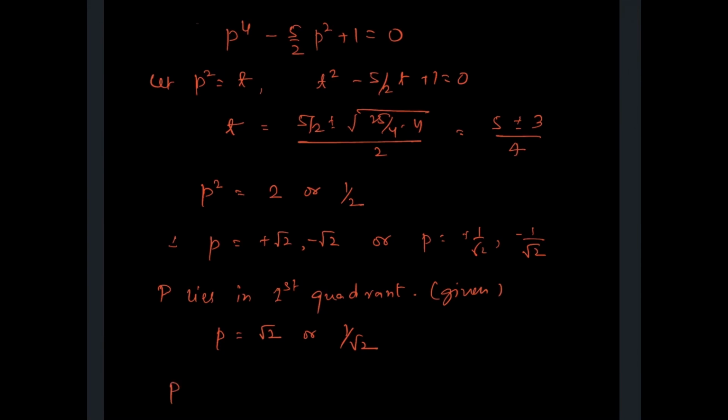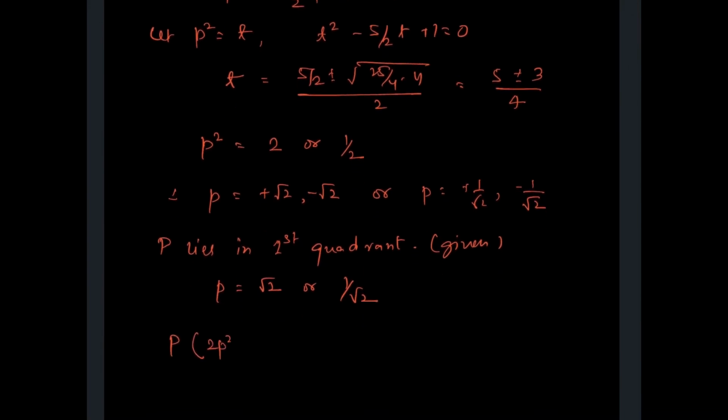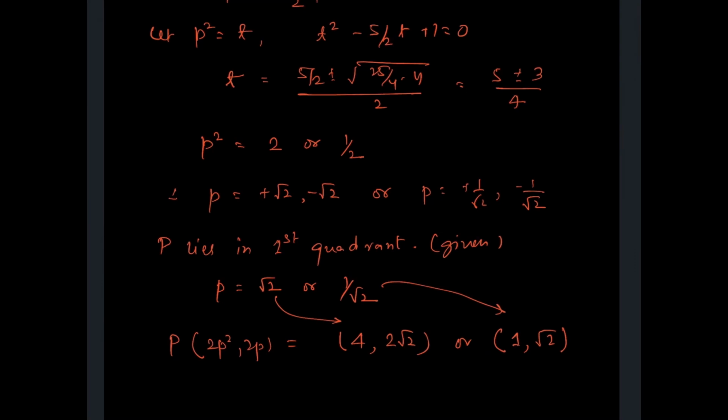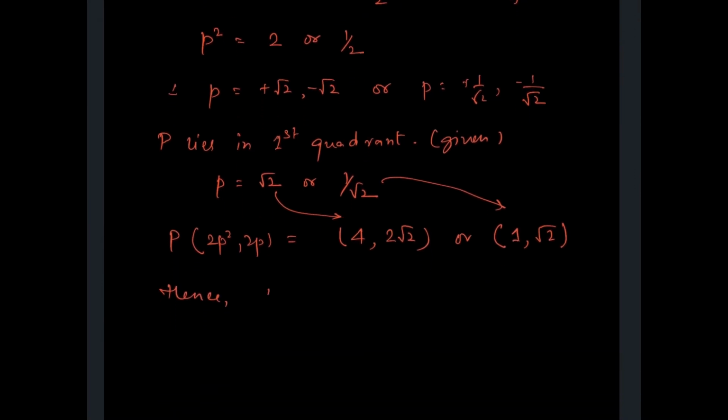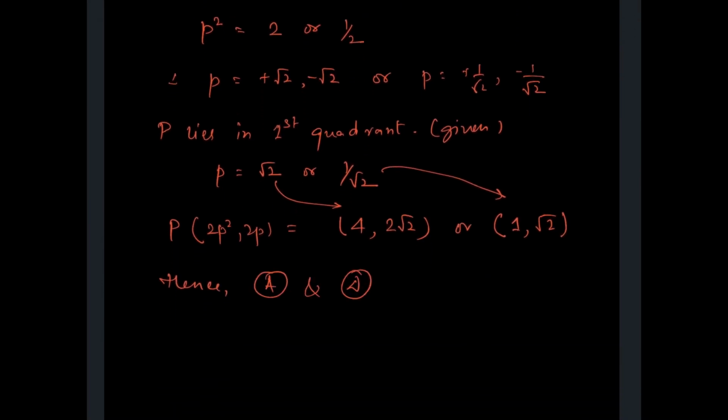So my coordinates of P are (2p square, 2p), which is either, if we take root 2, it will be (4, 2 root 2). If you take 1 by root 2, it will be (1, root 2). Hence A and B are the correct options.